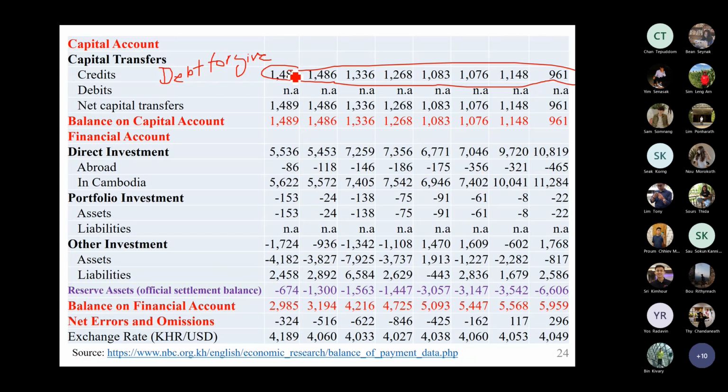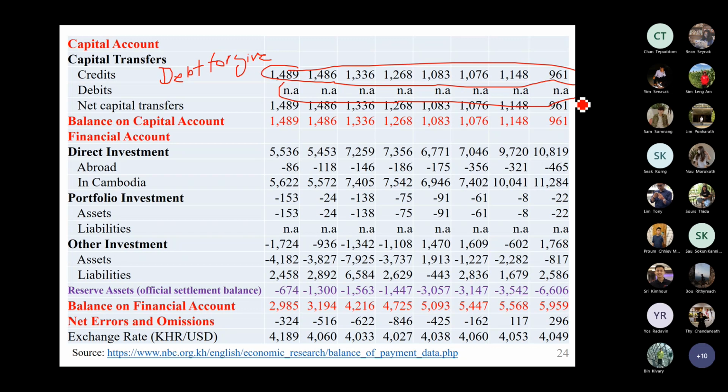However, we don't have information on debt that we delete for other countries, because no country borrows money from us. We only borrow money from other countries. So we don't have much information for the capital account, and it's quite a small value.